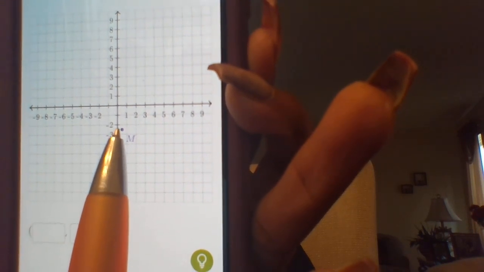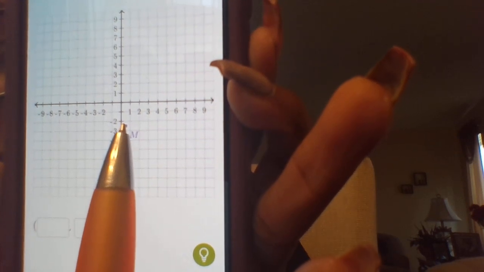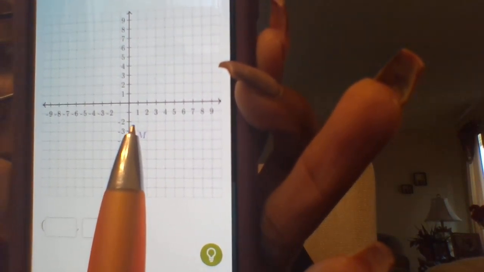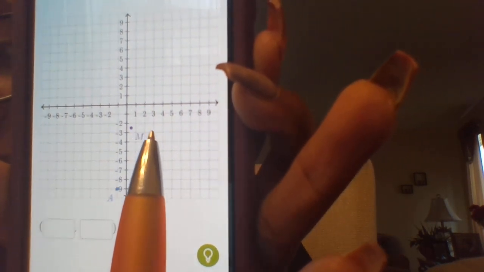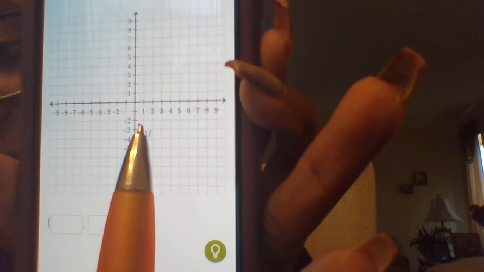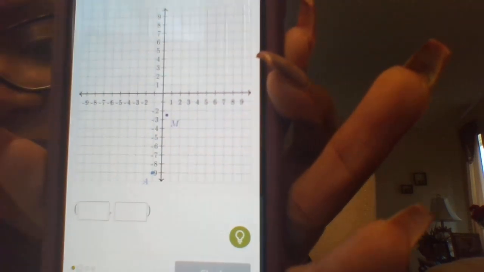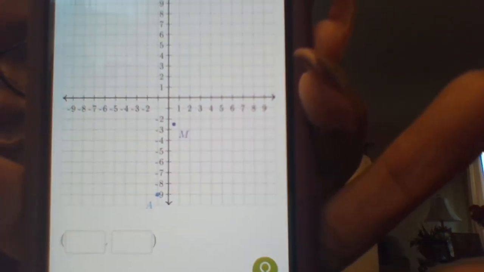This distance here is 1.5 units. So again, we go 1.5 units to get to the midpoint. To get to the x value of the endpoint, we're going to do the same thing, go 1.5 units. So again, we go half and one more. So 1.5 away from this midpoint is going to be 2. So the x value for our other endpoint should be 2.